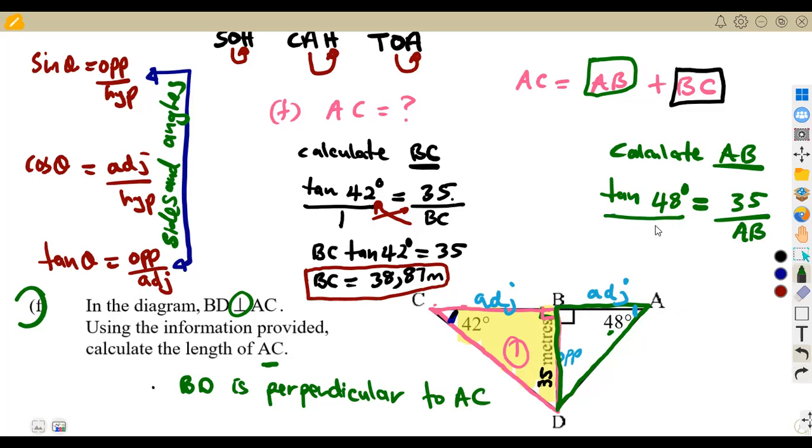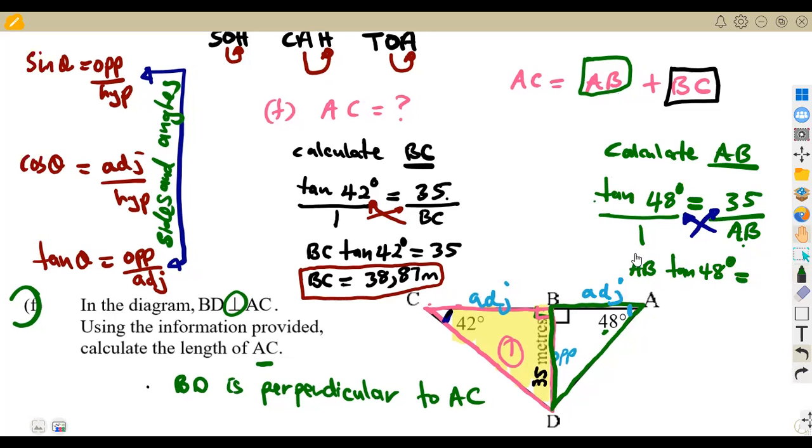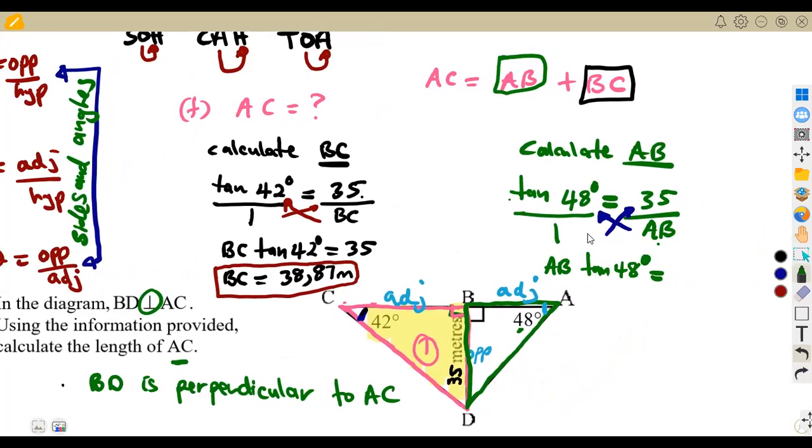So like I said, tan 48 is the same as tan 48 over 1. We can cross multiply so that we determine the value of AB. AB times tan 48 is equal to 1 times 35, which is 35.